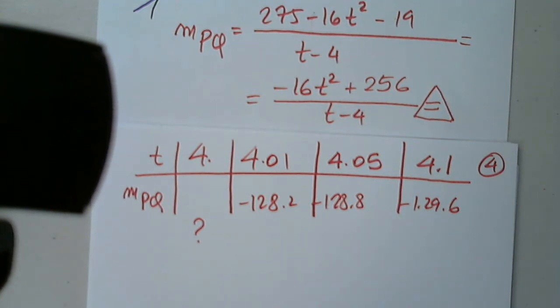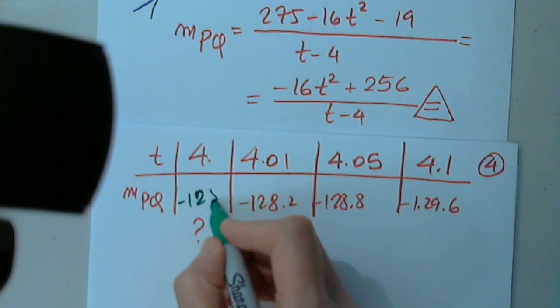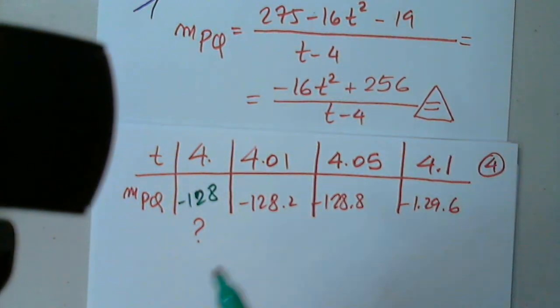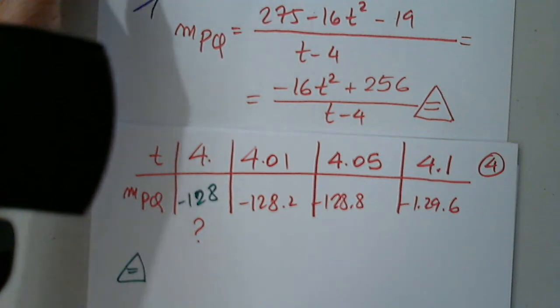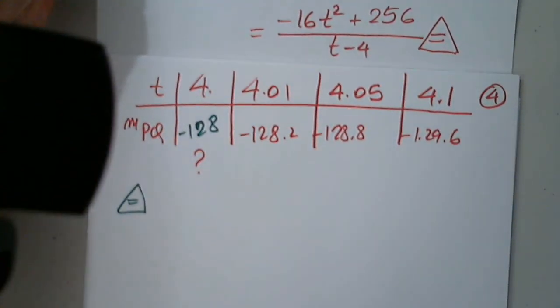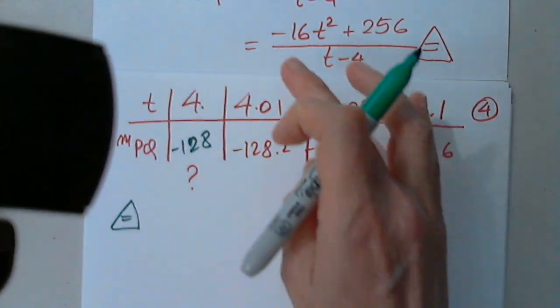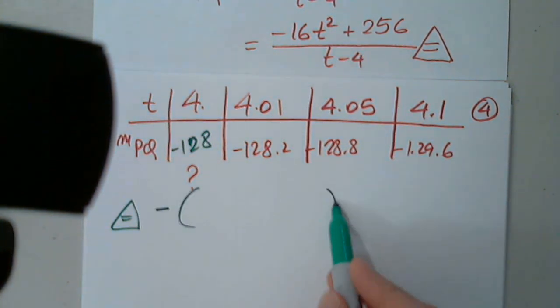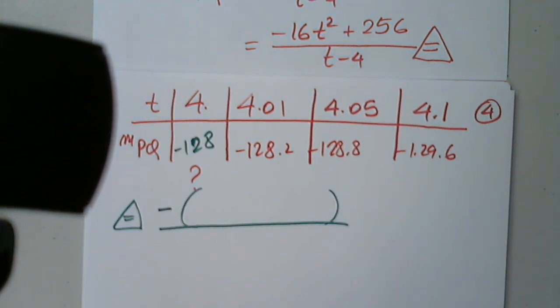So I really hope that this is negative 128. That's my guess. But I have my little triangle, and I want to see what I can come up with. Of course, I will factor out negative 1.